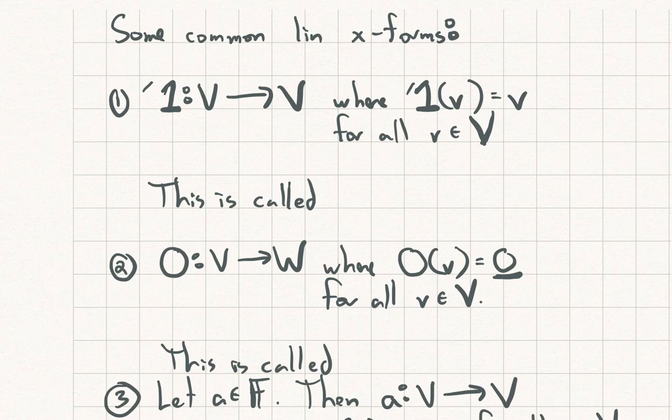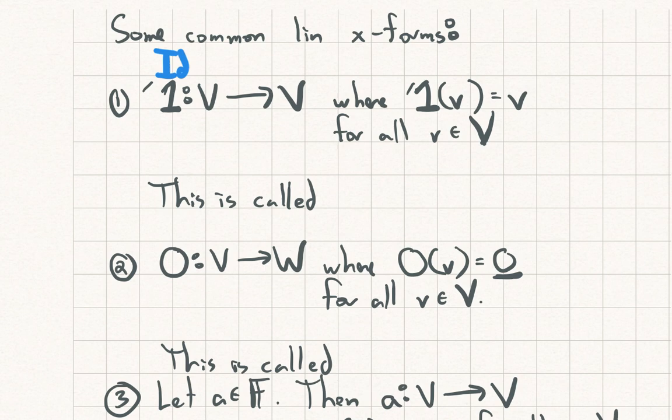Now we'll talk about some common linear transformations that come up all the time. The first one is basically the do-nothing one. It's called the identity transformation, which is usually represented by the number 1, or you might see it represented by ID. What it does is it just does nothing.